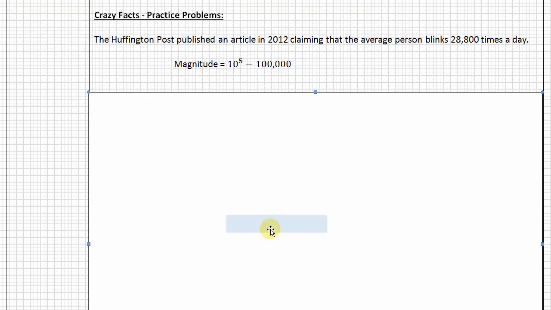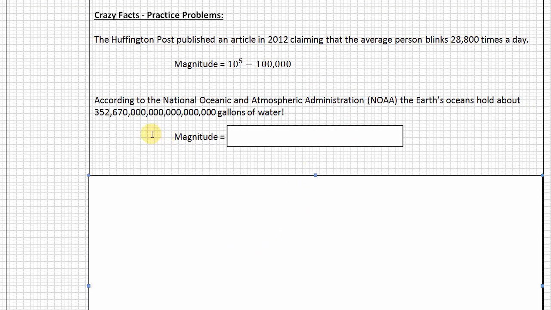All right, let's take another shot at another crazy fact and understand it in terms of magnitude. According to the National Oceanic and Atmospheric Administration, referred to as NOAA, the Earth's oceans hold about 352 quintillion, 670 quadrillion gallons of water.